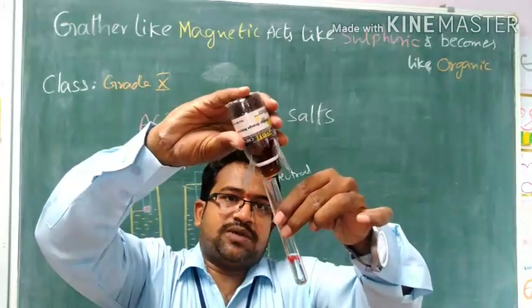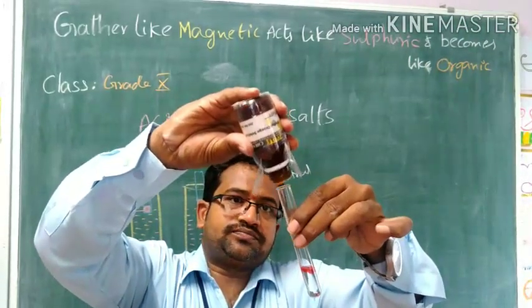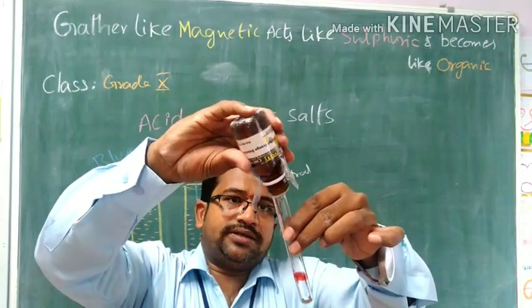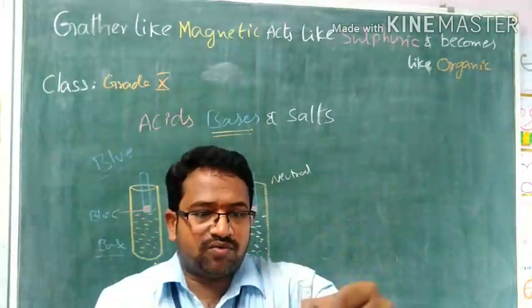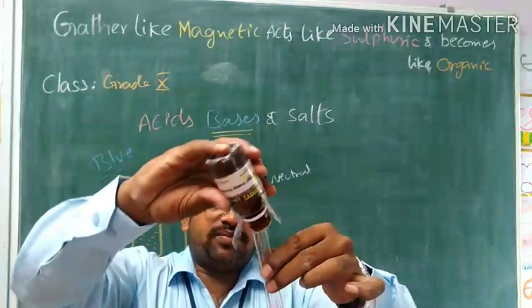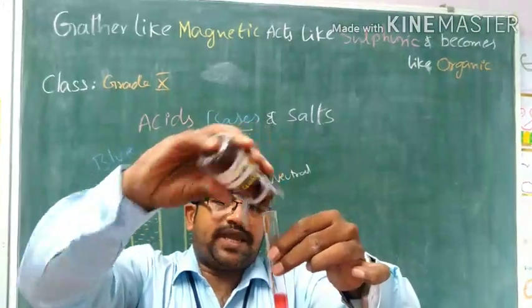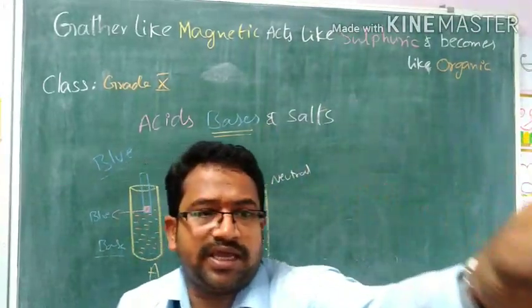See what is happening to this? It's converting into red. So methyl orange converts into red. What is the substance? So acid, correct. So it is acid.